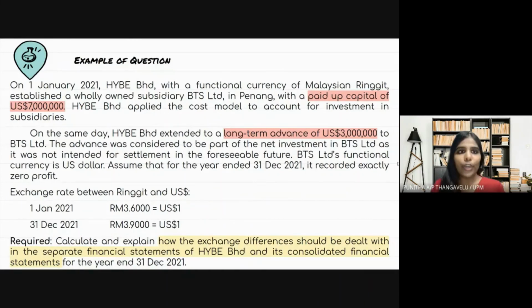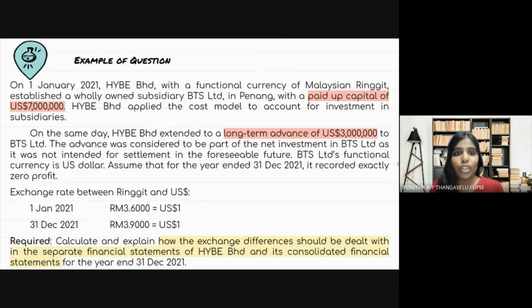On 1st January 2021, Hai Berhad, with a functional currency of Malaysian ringgit, established a wholly owned subsidiary, BTS, in Penang with a paid-up capital of USD 7 million. Hai Berhad applied the cost model to account for investment in subsidiaries. On the same day, Hai Berhad extended a long-term advance of USD 3 million to BTS.